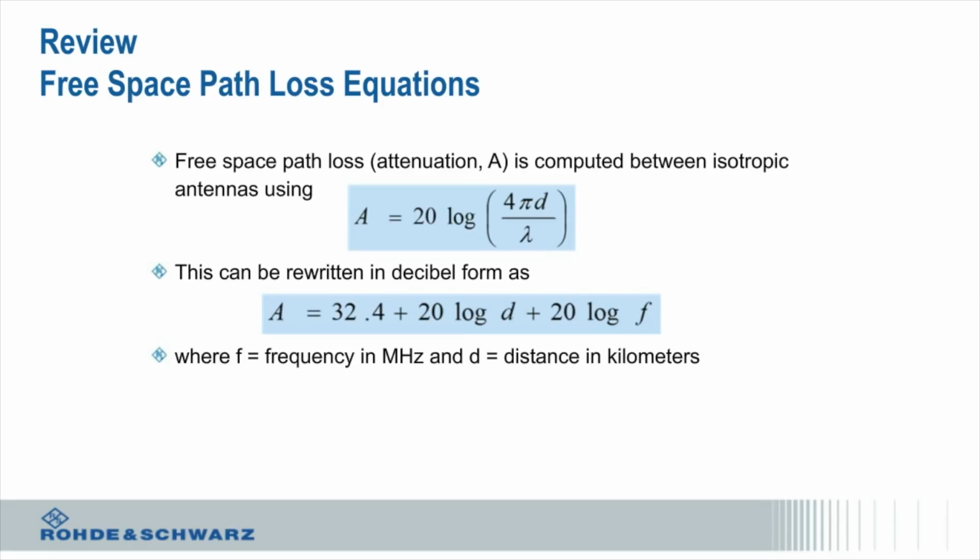In previous slides, I had spoken about dBs and dB math. This is the common nomenclature we'll speak about in RF and microwave design. And this equation here, A equals 32.4 plus 20 log D plus 20 log F, is really the key equation that governs the propagation over free space.